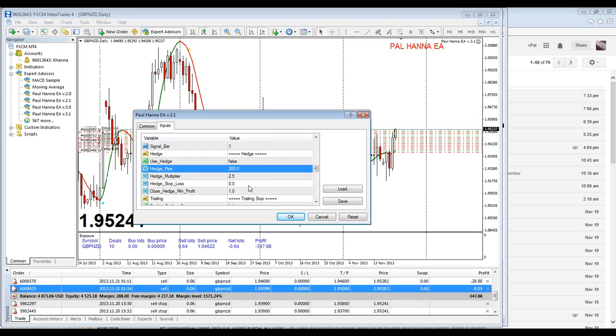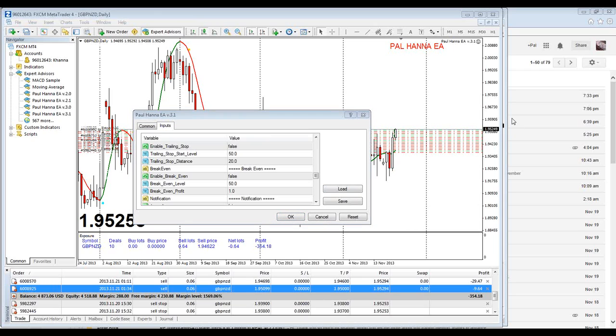But we don't put a stop loss. Rather, what we do here is we put a break even, so that as soon as the market is 50 pips up on the hedging side, it will break even. What does it mean? If it takes a U-turn, let's put it this way. Suppose this is my 1.9.